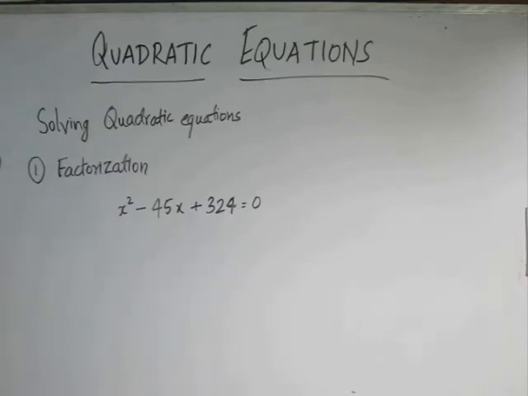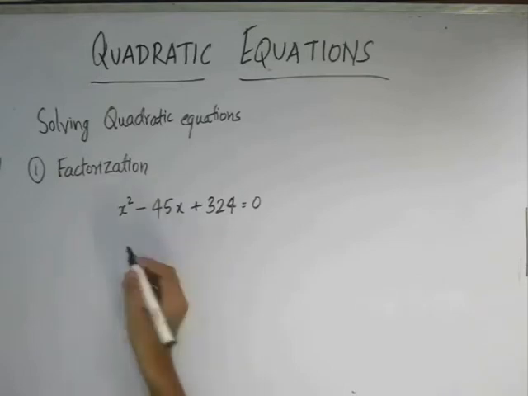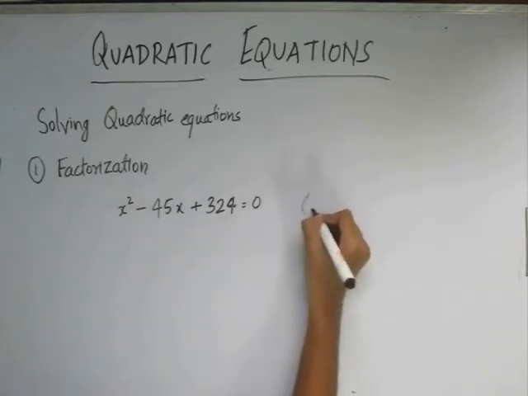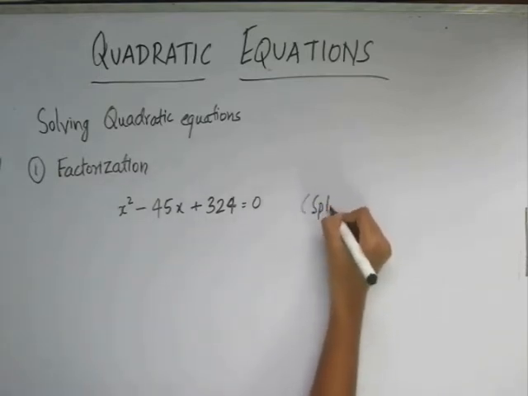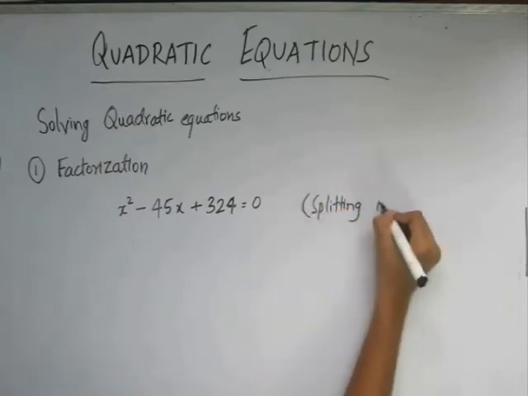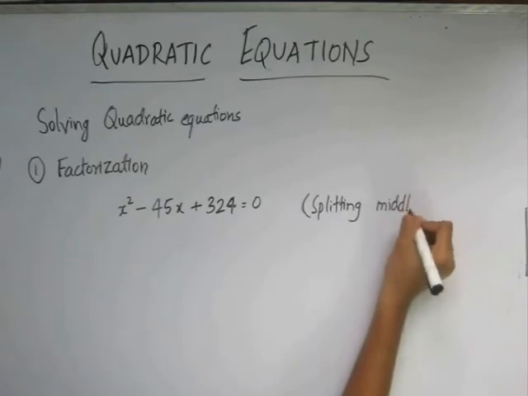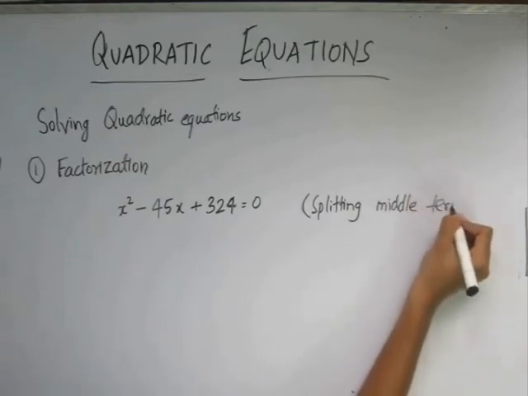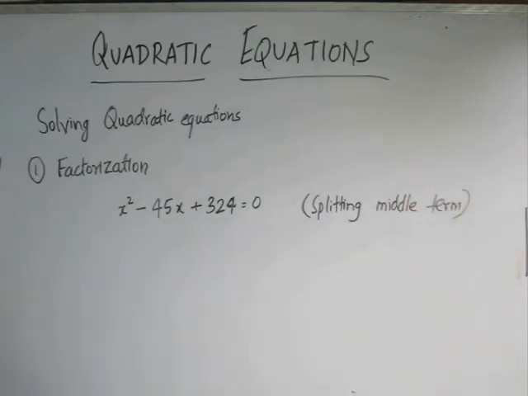So to solve this particular equation, you might all know how we factorize this particular quadratic expression. This is done by the concept of splitting the middle term. This is a very popular method for factorization.